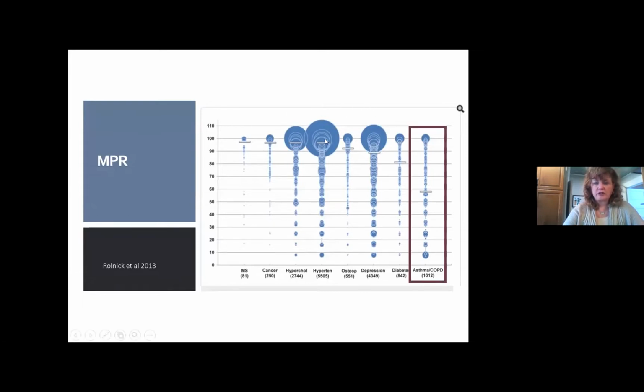The size of these little squid-like figures represents the number of prescriptions written in the US, and the mean medication possession rate is lowest for that group in COPD, who have only about 50% of their medications on hand. And one study showed that 40% of all patients who die from COPD had no COPD medications on them for the 12 months prior to their death.